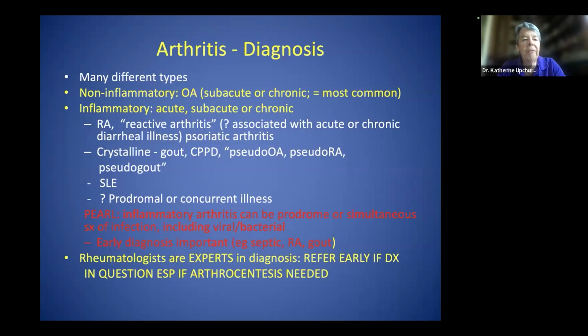And as I mentioned, there are many different types, but in general, we rheumatologists break up the type of arthritis that patients present with into two broad categories: non-inflammatory and inflammatory. Included in inflammatory is the septic category as well. So non-inflammatory is a disease which is more subacute or chronic, and it's the most common.